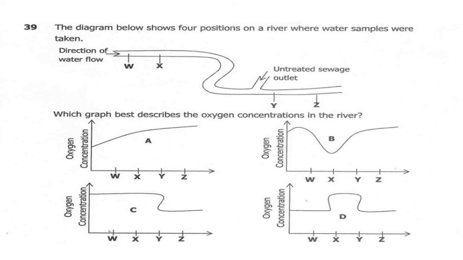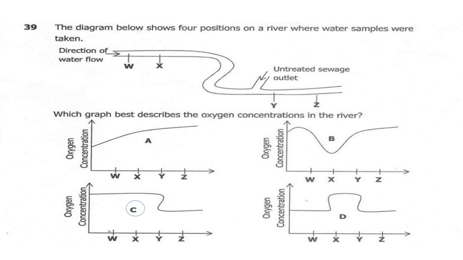The correct answer here is C. At points W and X, the concentration of oxygen will be high, but once untreated sewage is added at Y and Z, the oxygen concentration is going to drop due to the amount of bacteria now added into the water, which normally depletes the oxygen in the water.